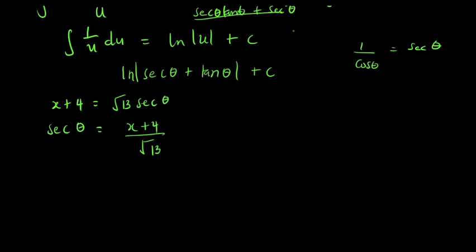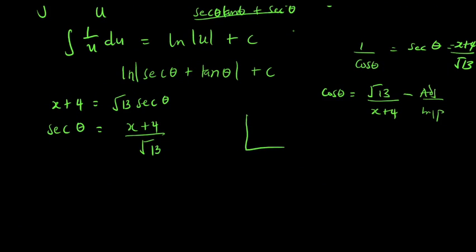So cos theta equals the square root of 13 over x plus 4, right? Which is adjacent over the hypotenuse, right?